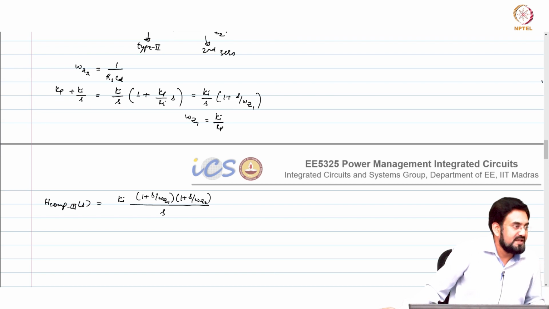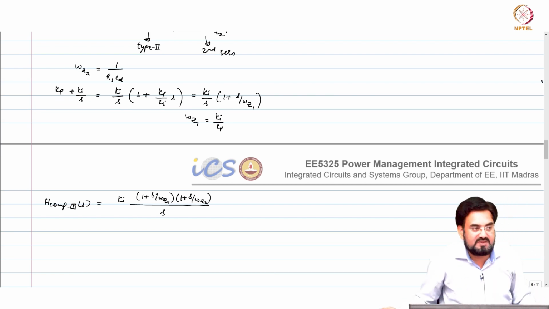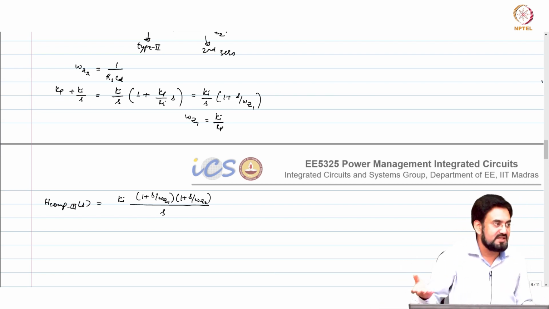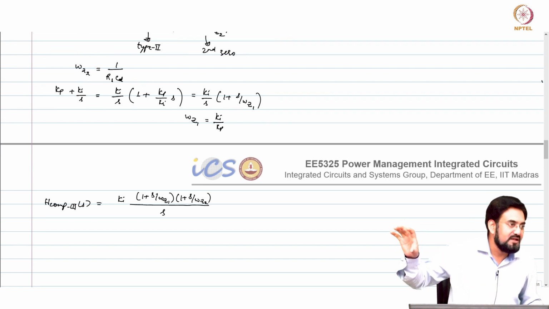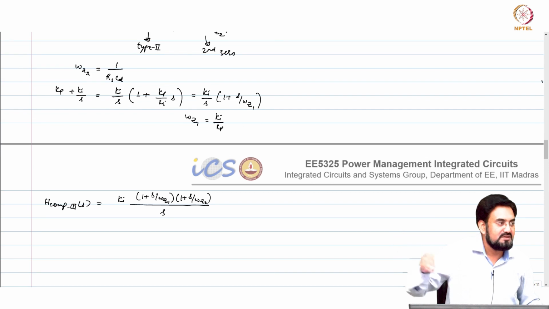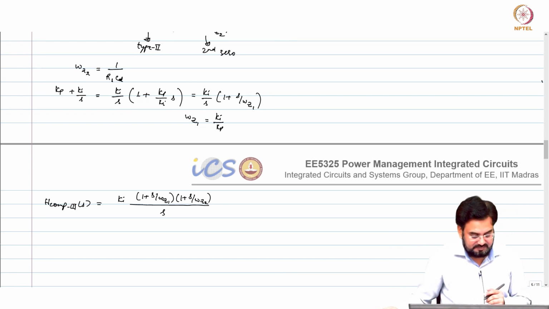First zero will cancel your integrator, second zero will give you the phase boost which you are getting from ESR in the cap. So now that ESR is replaced with this omega Z2, so your ripple will not change. So you can still get a smaller ripple and compensate your circuit.